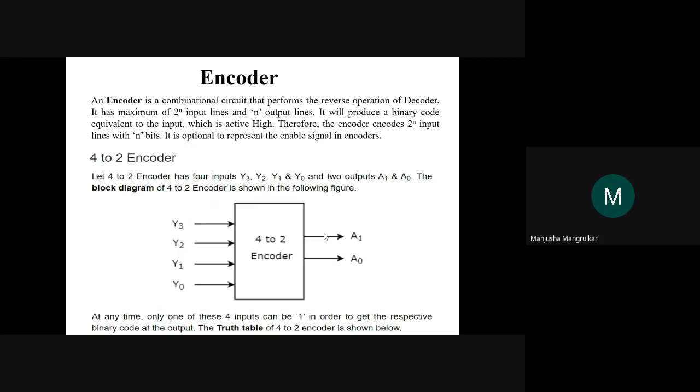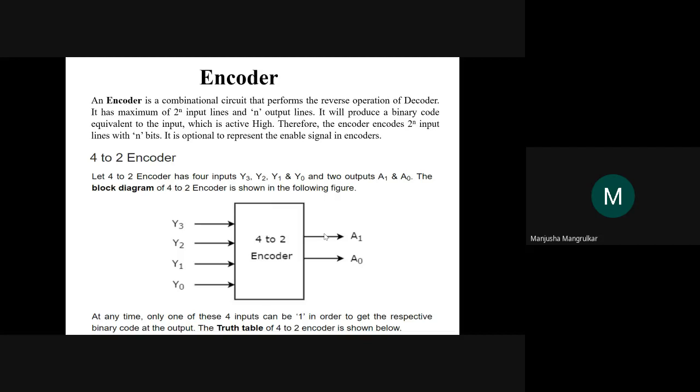Now, encoder. An encoder is a combinational circuit that performs the reverse operation of a decoder. It has a maximum of 2^n input lines and n output lines. Suppose n equals 2, then 2^2 equals 4. So 4 is the number of input lines, and n, that is 2, is the number of output lines.